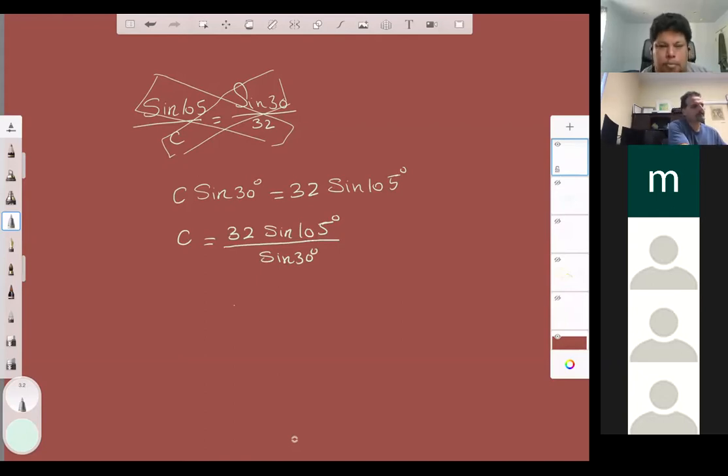Can you guys tell me what c is? What is c? So with 105 we have a problem, that's why I'm asking you guys to solve.